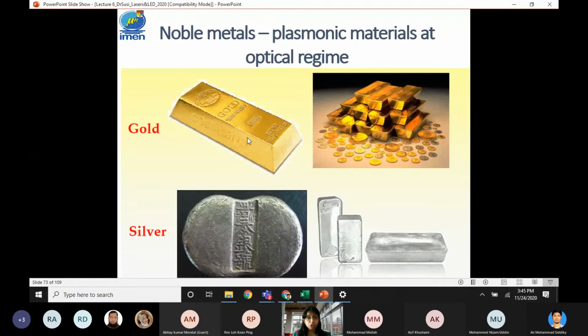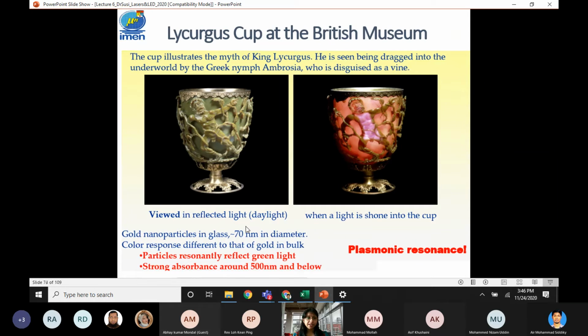So basically, it uses noble metals, plasmonic materials at the optical regime. You can have gold or silver. And this shows a plasmonic resonance from a long time ago, during King Lycurgus' time. So this is a glass which was viewed in daylight, and when you shine light on the cup, you can see a reflection of light.